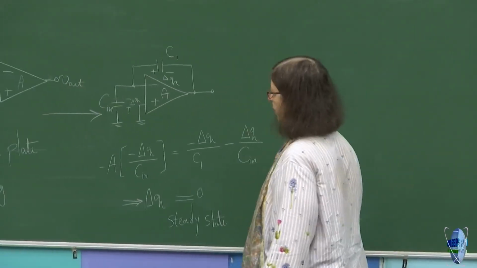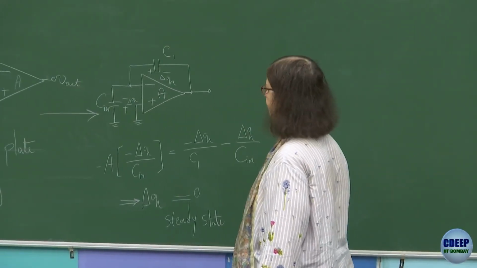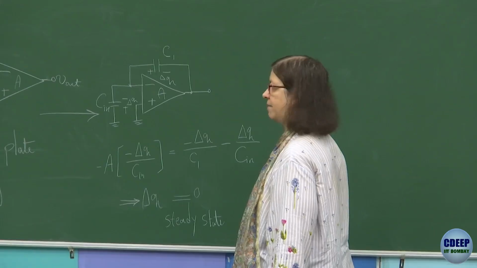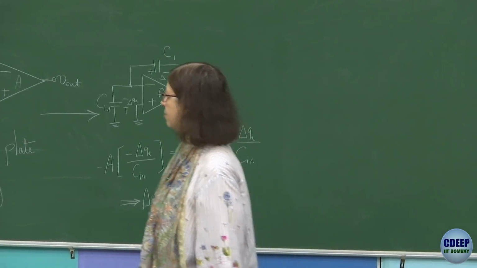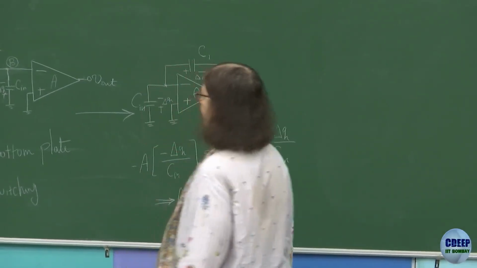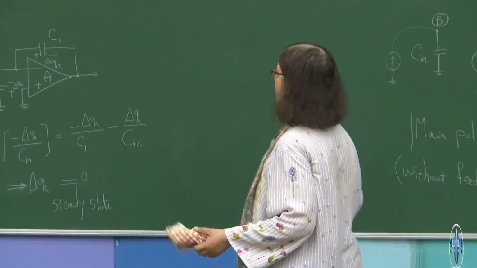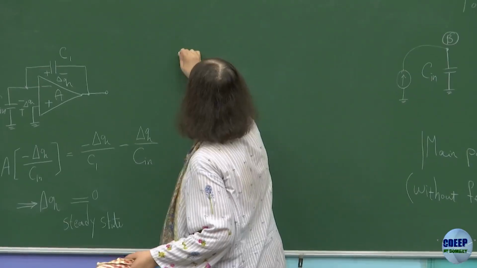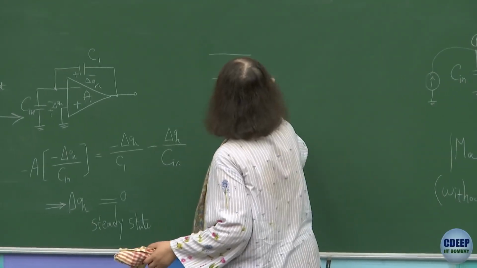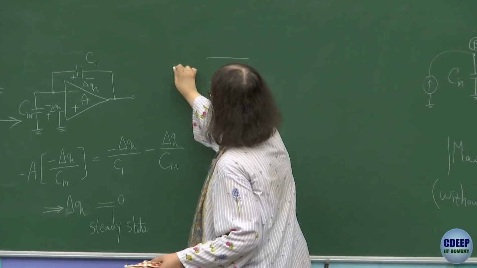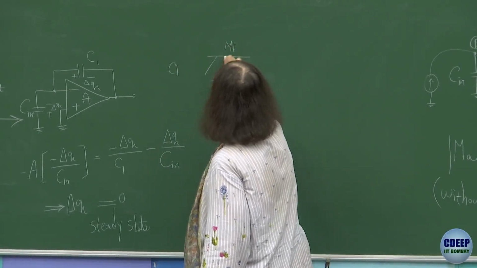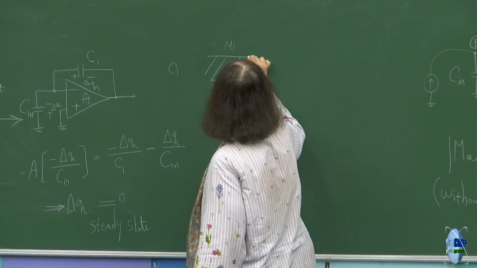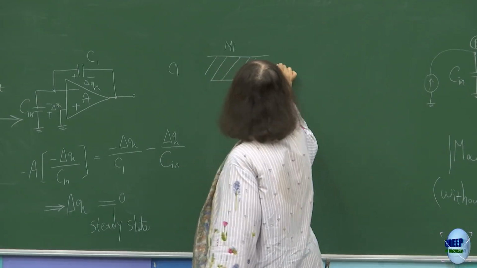One interesting point here is Cin is affecting the speed. So we want to reduce Cin. Now look at C1. Suppose C1 is a MIM capacitor. So this is, say, metal 1. This is, say, oxide.